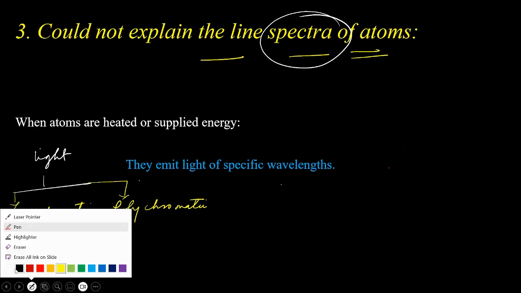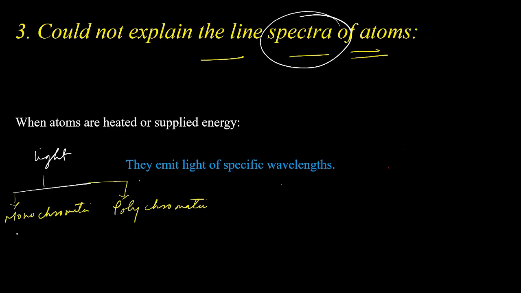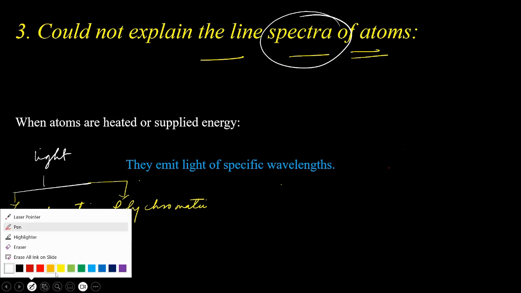Monochromatic light means light which has a specific wavelength. That means it has only one type of wavelength, like red light, blue light, green light, right? Each light has a specific wavelength.